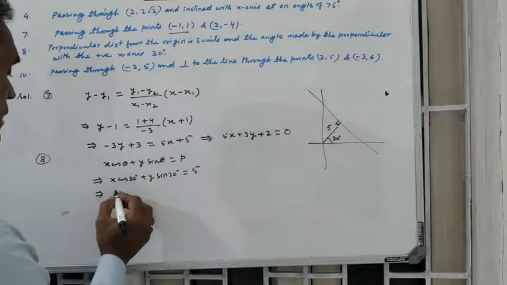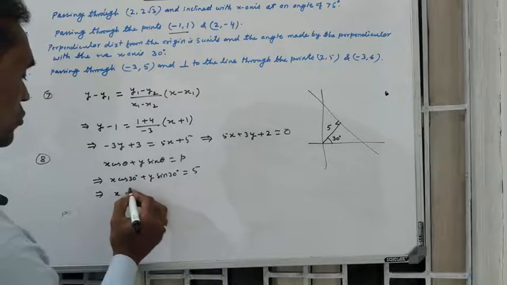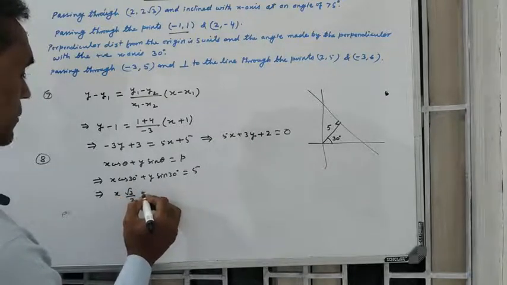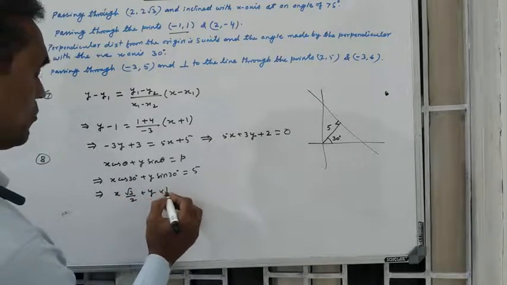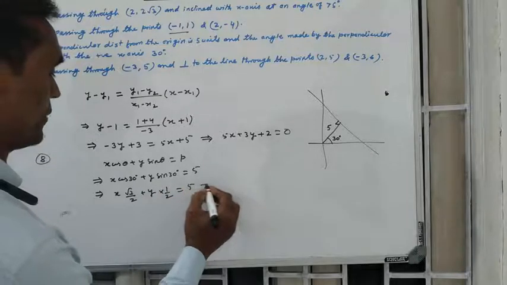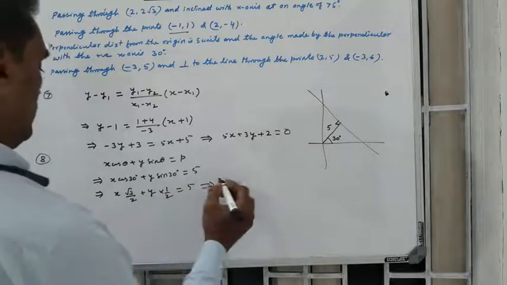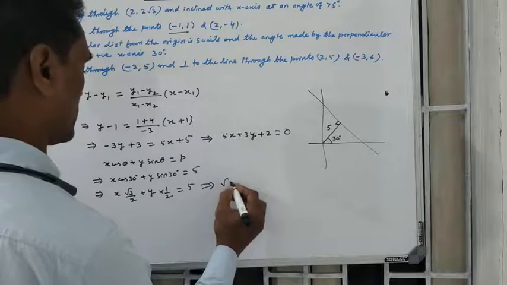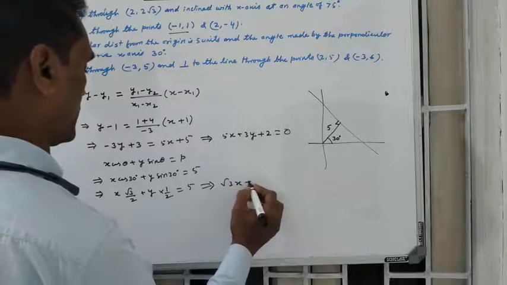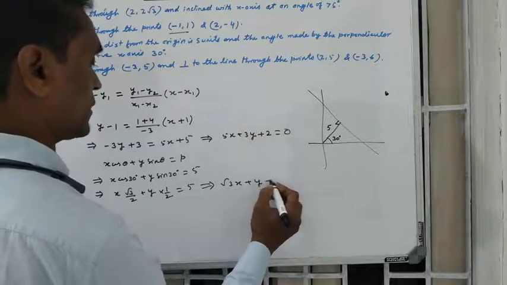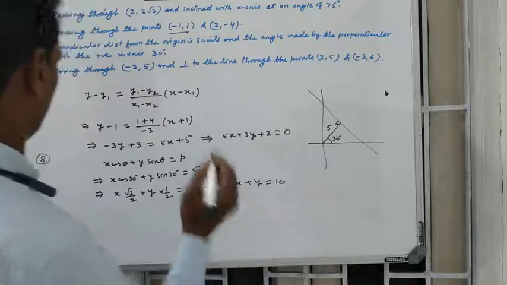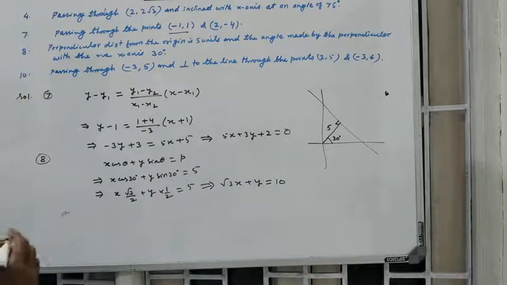Cos 30 is root 3 by 2, so x root 3 by 2 plus y into 1 by 2 is equal to 5. Then root 3 x plus y is equal to 10. This is the solution of question number 8.